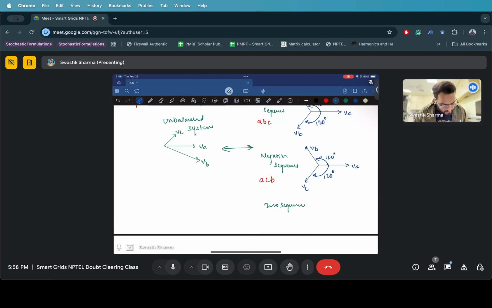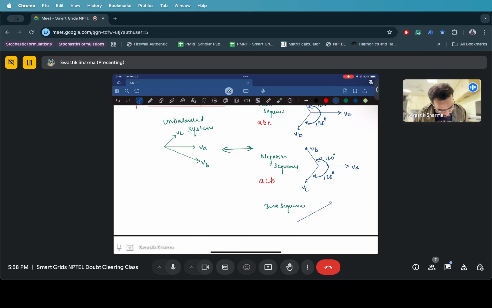And zero sequence is nothing but parallel. I mean, they have no sense of direction but only magnitude. So these are zero sequence components, right?